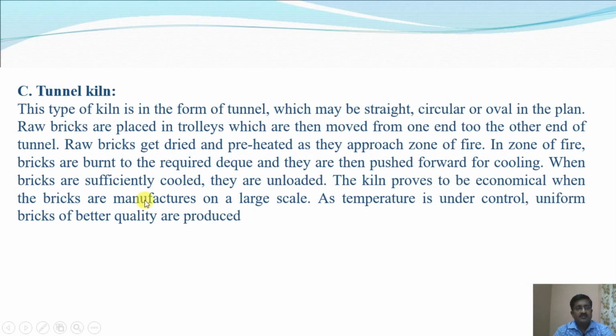In the tunnel kiln, this type of kiln is in the form of a tunnel, which may be straight, circular or oval in plan. Raw bricks are placed on trolleys which are then moved from one end to the other end of the tunnel. Raw bricks get dried and preheated as they approach the zone of fire.